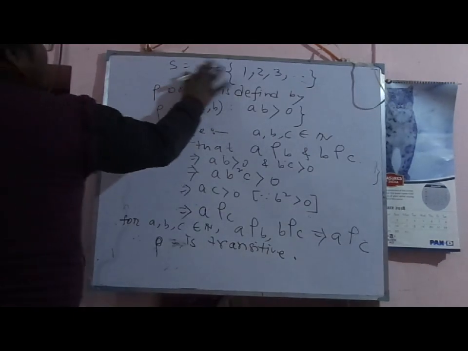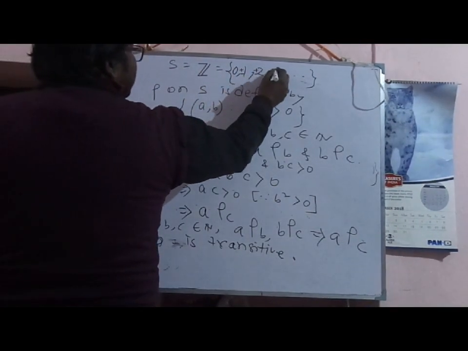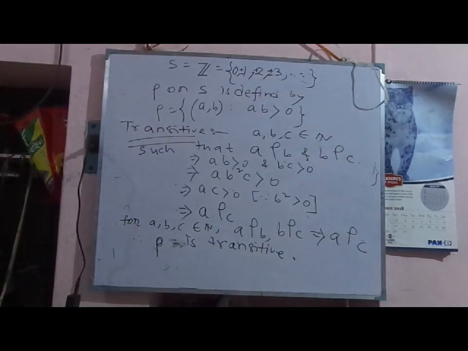That is, if we take Z, then Z is 0, plus minus 1, plus minus 2, plus minus 3, and so on, with the same definition.